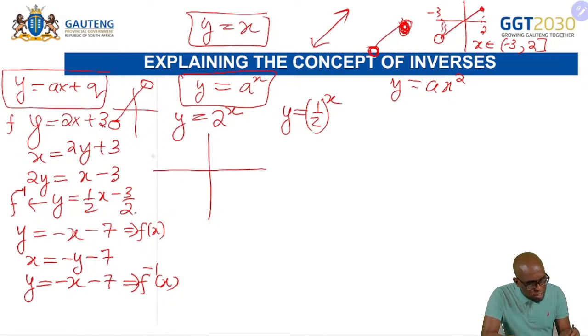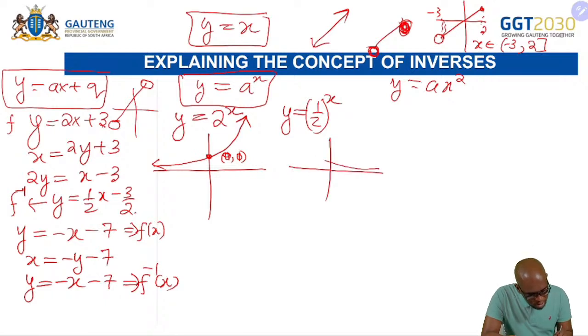This one would be a function that increases, starting on the negative x axis. It cuts the y axis at 1, that is 0 and 1. That is the y-intercept. And we have this one starting this side. It cuts at the same 0 and 1.